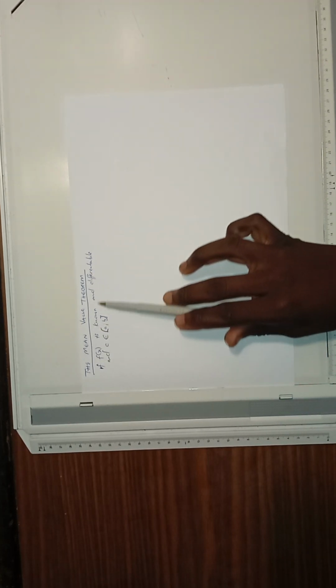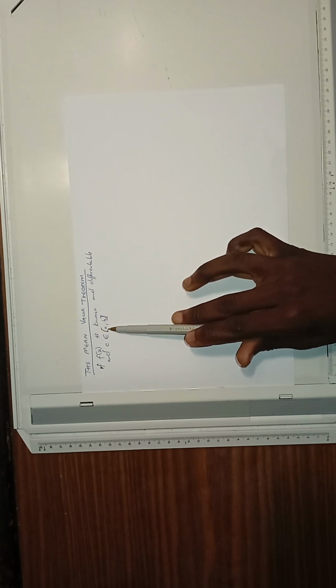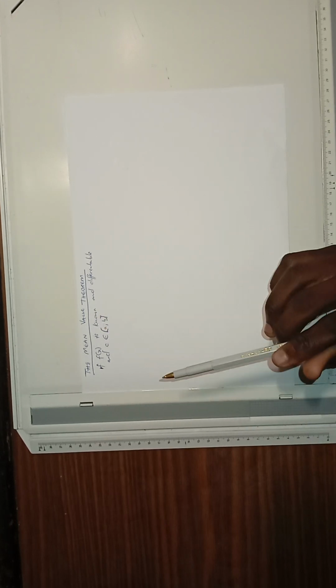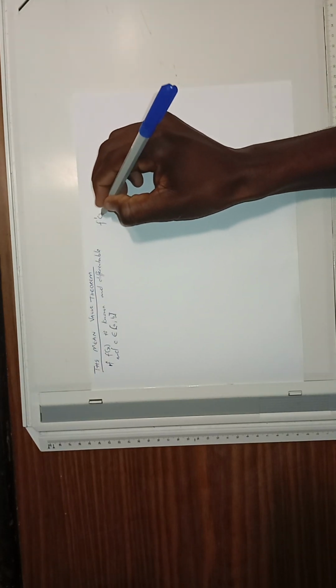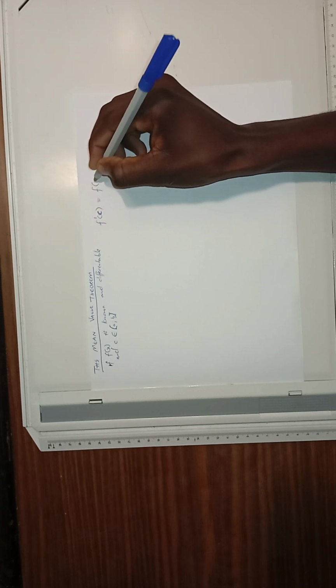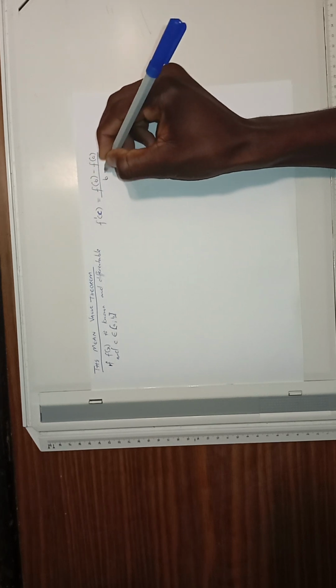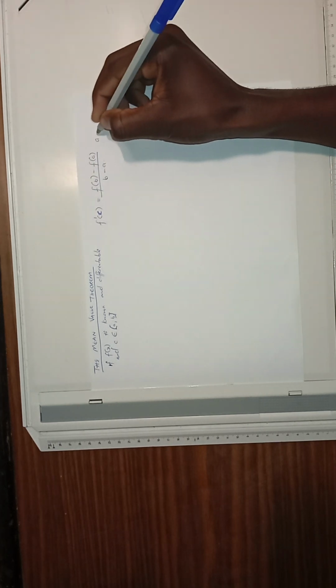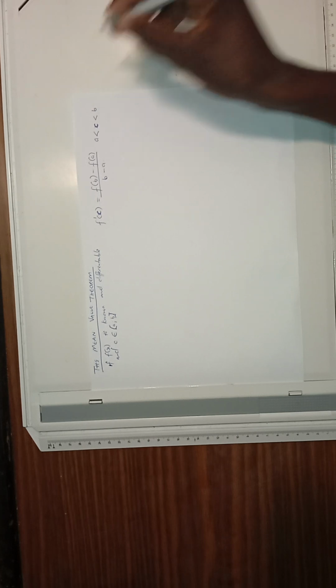If f of x is continuous and differentiable and c is an element of a and b, so we are saying c is between a and b, then there is a mean value theorem formula which says f prime of c is equal to f of b minus f of a over b minus a, and you have to know that a is less than c is less than b.